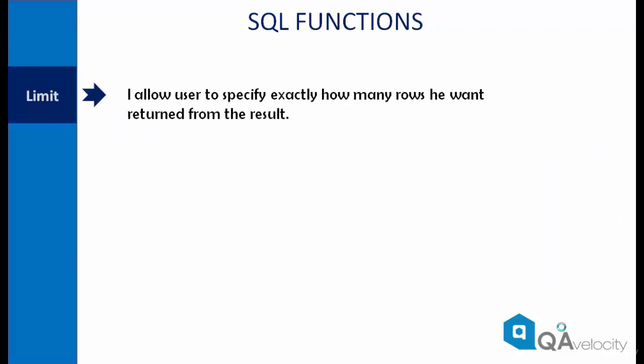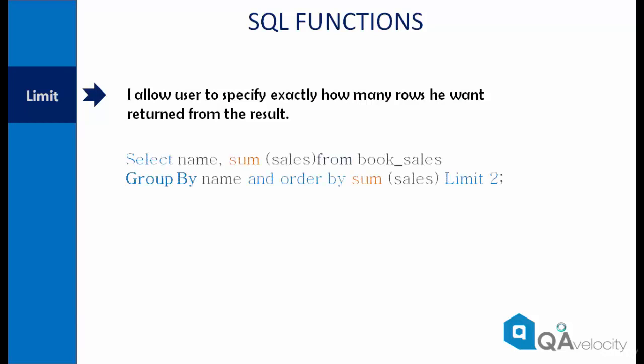Limit allows the user to specify exactly how many rows they want to return from the result. Let's see our query. Select name, sum of sales from book sales, group by name, order by sum of sales, and the result is limited to 2.